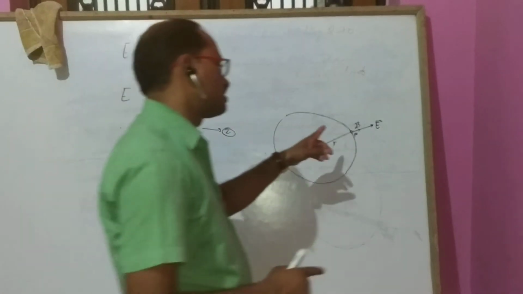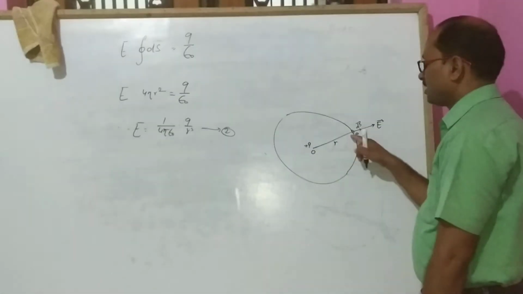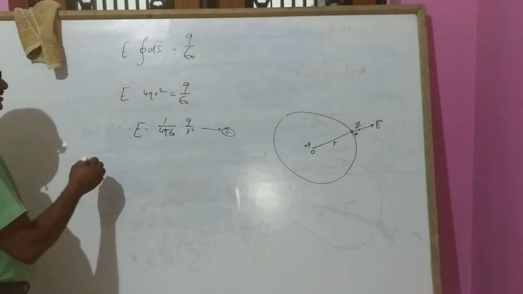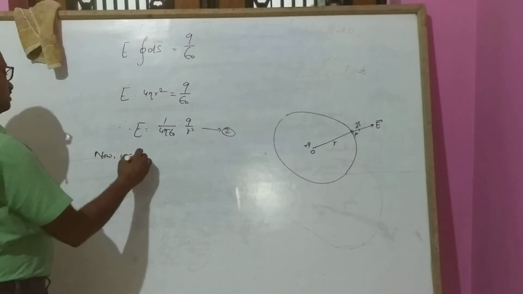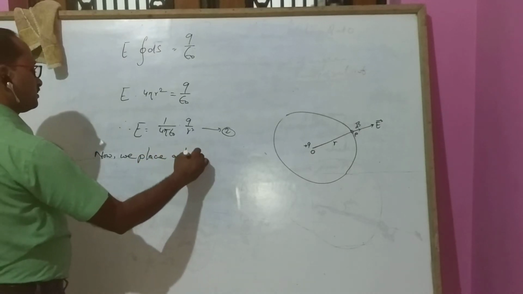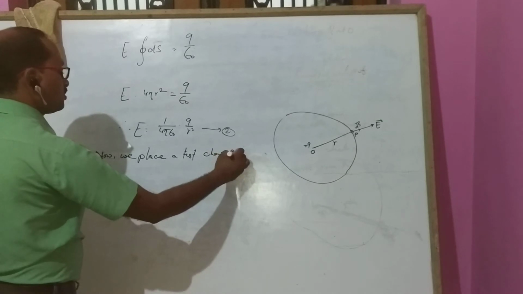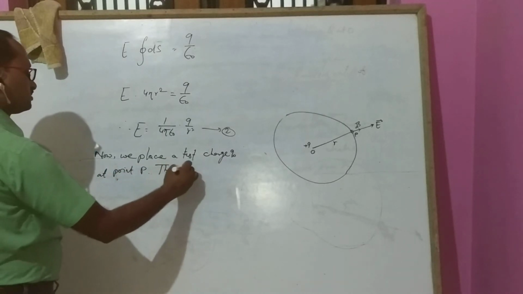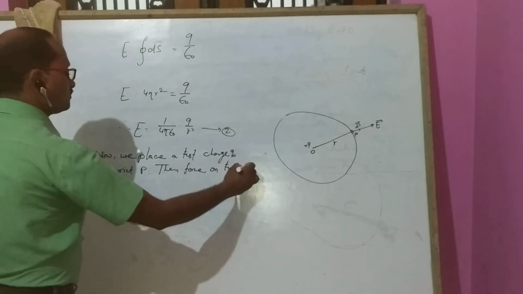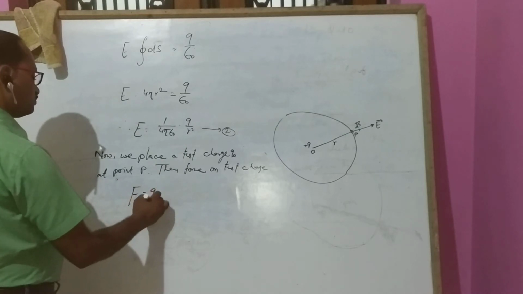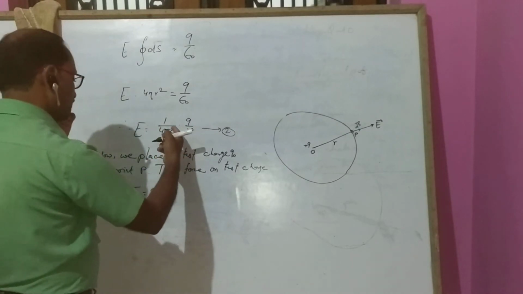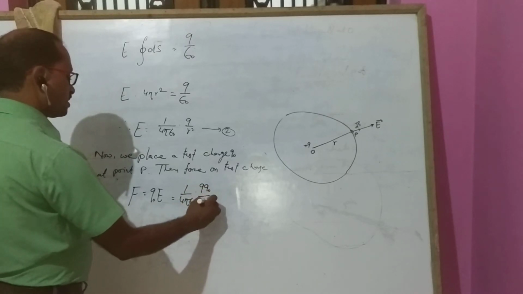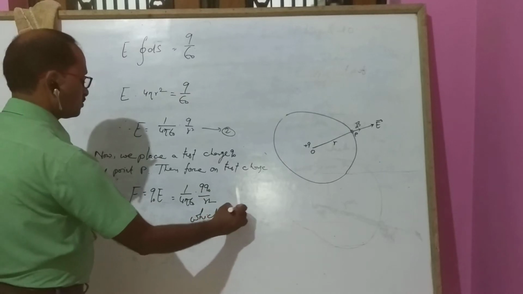Now we place a test charge Q naught at point P. Then the force on the test charge is F equals Q naught into E. Now placing the value of E from equation 2, F equals 1 by 4 pi epsilon naught times Q Q naught by r squared, which is Coulomb's law.